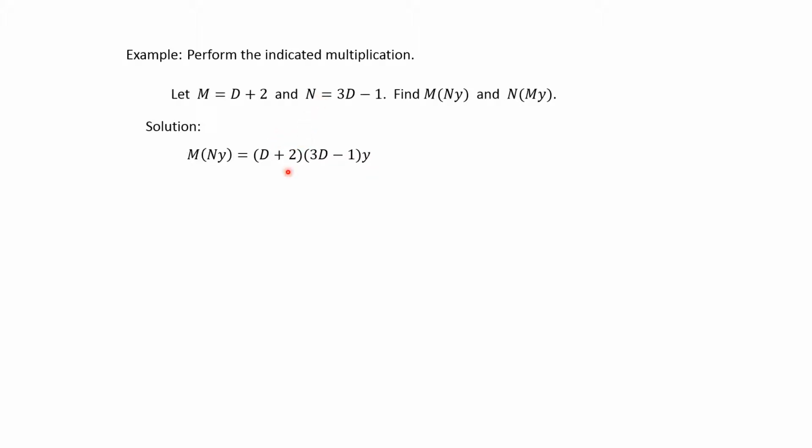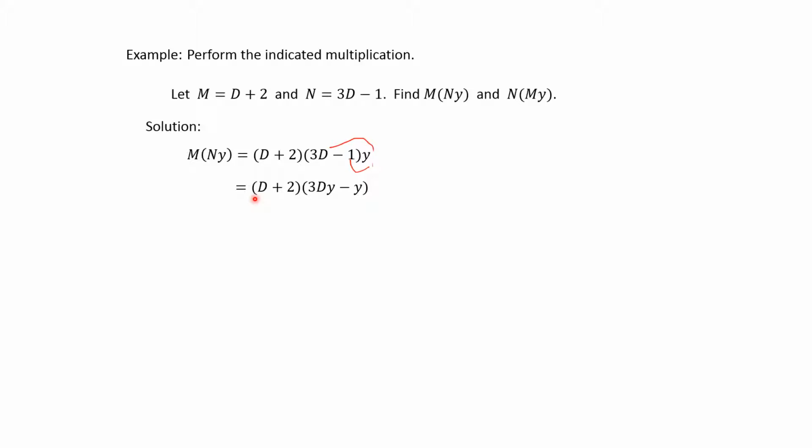So this is the original problem. M(Ny) is the same as (D plus 2)(3D minus 1)y. Observe that this can be distributed, so you will get (D plus 2) times (3Dy minus y).